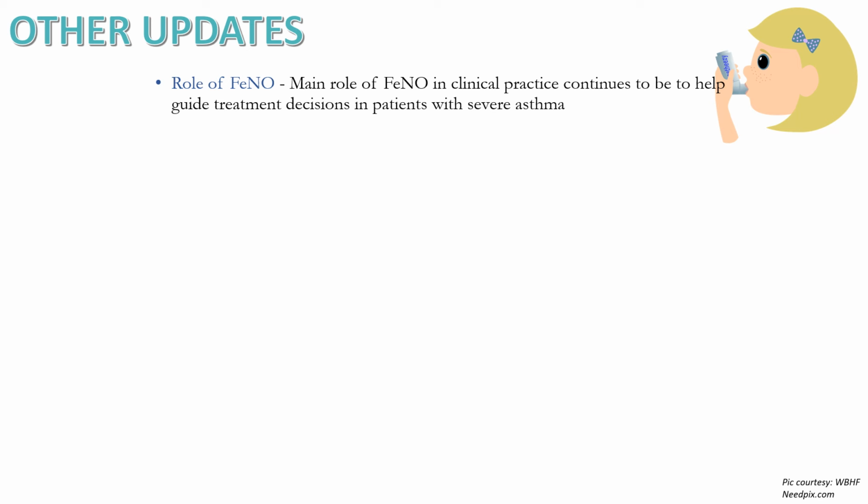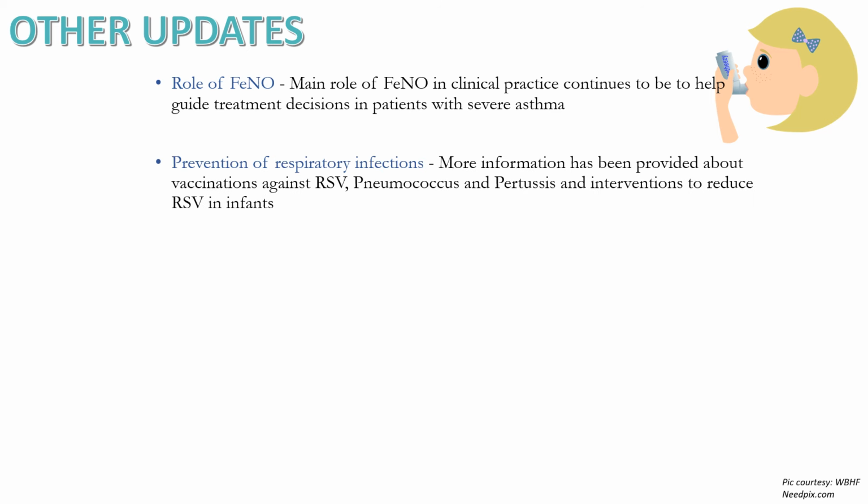The main role of fractional excretion of nitric oxide in clinical practice continues to be to help guide treatment decisions in patients with severe asthma. More information has been provided about vaccinations against respiratory syncytial virus, pneumococcus, and pertussis, and interventions to reduce RSV infection in infants.